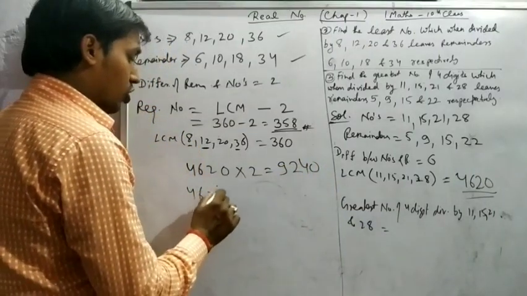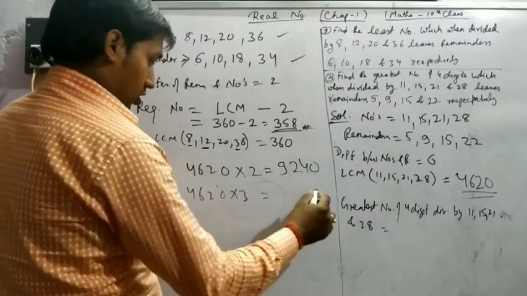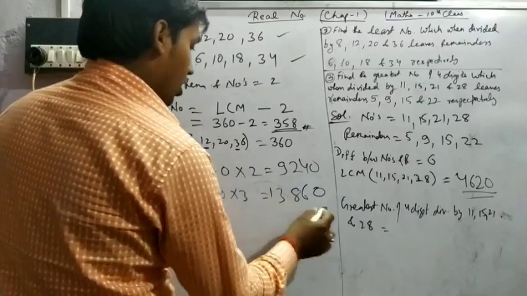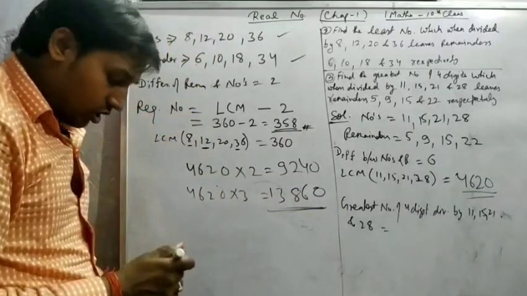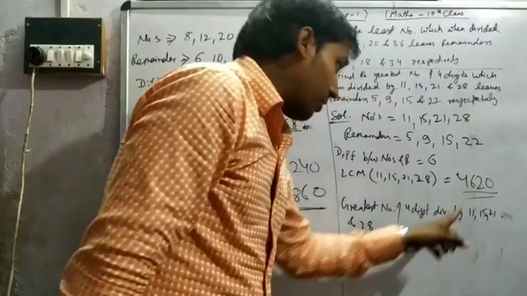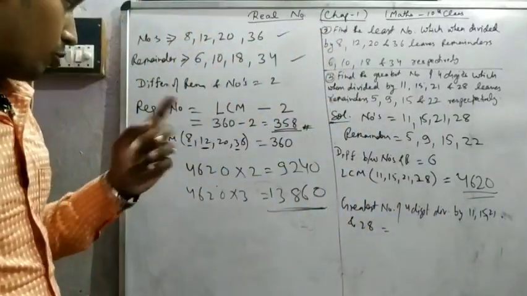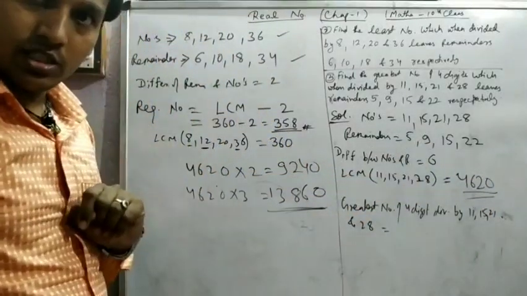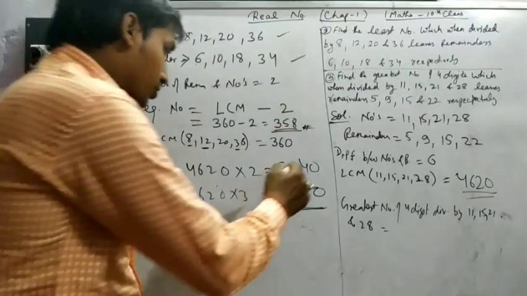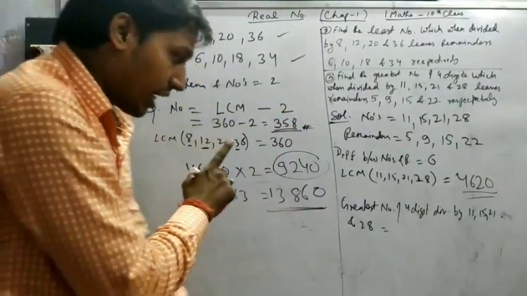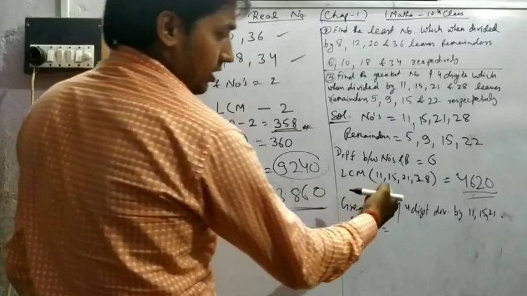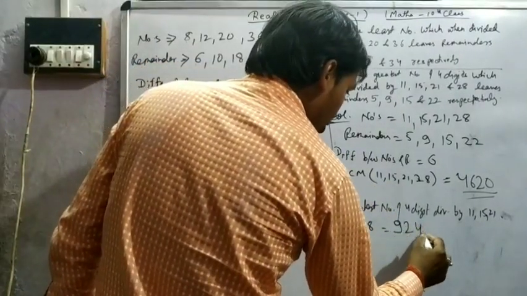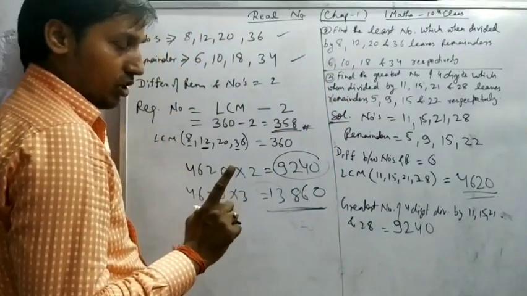If 4620 is multiplied by 3, 13860. This is a 5-digit number. Because the number divisible by these is also a multiple of their LCM, the multiples are 4620, 2 times, 3 times. We want a 4-digit number, so we take this. That is the greatest 4-digit number divisible by these, so 9240 is the greatest number of 4 digits.